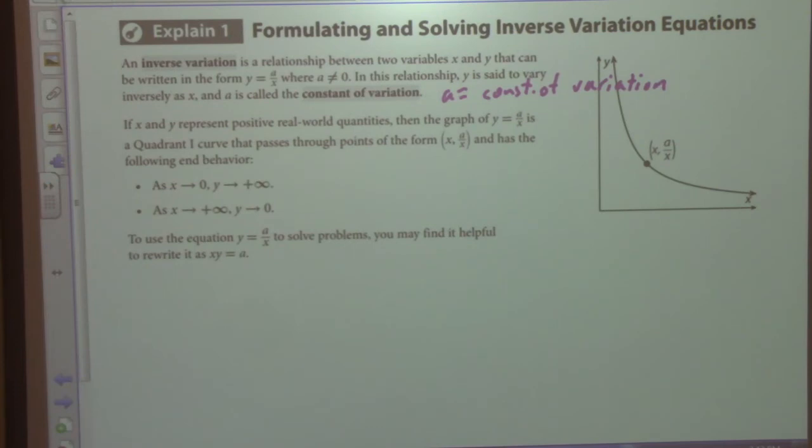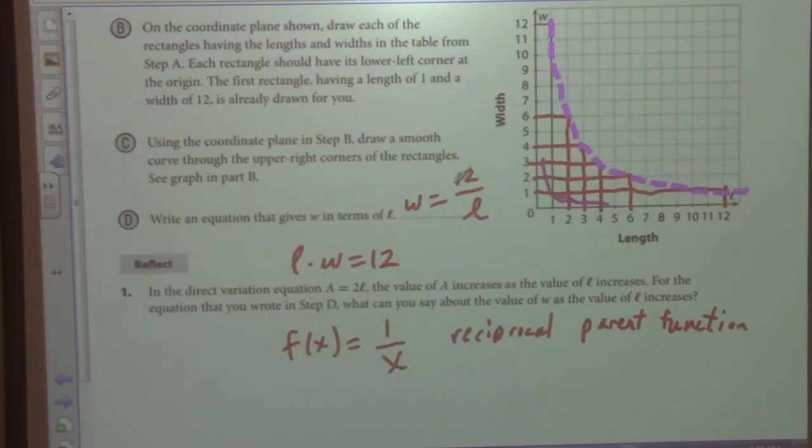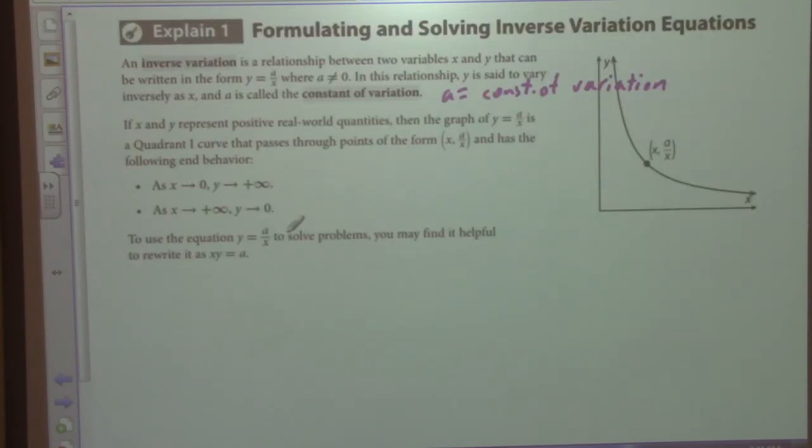And in this prior work here, our constant of variation was 12. Okay, and now we talk about end behavior. As x approaches infinity, y approaches 0.